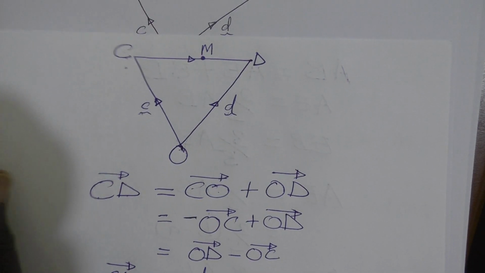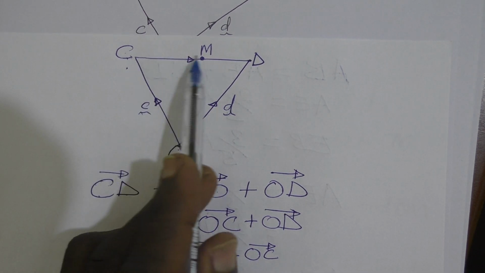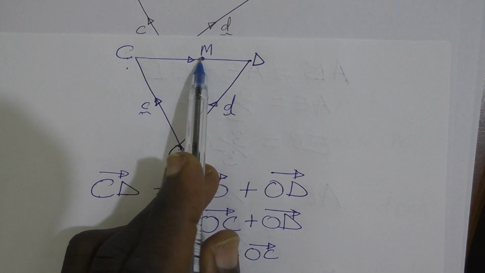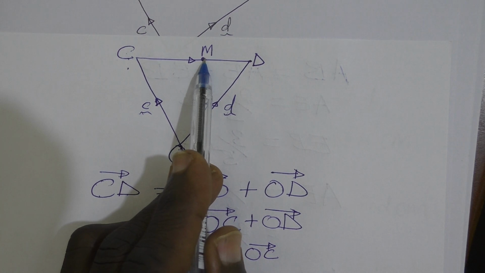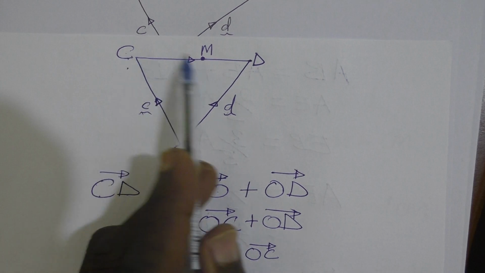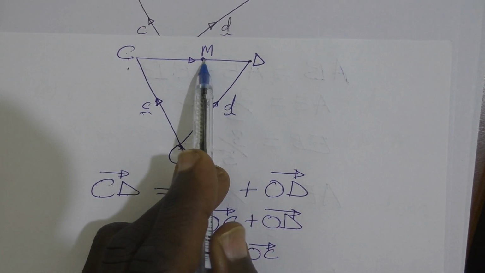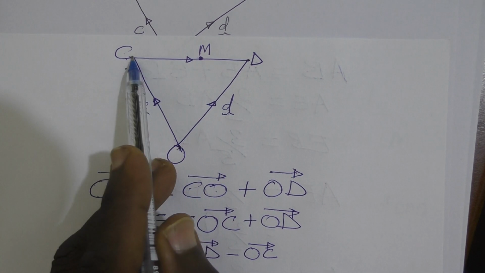Getting CM, when M is the midpoint, that means CM is equal to MD, since this divides CD into two equal parts.